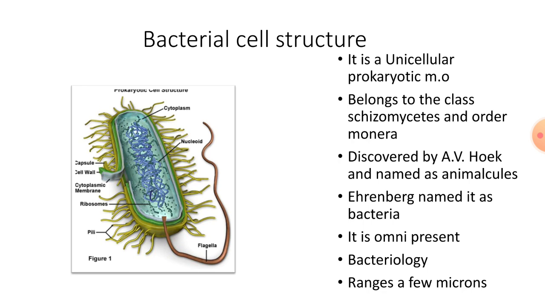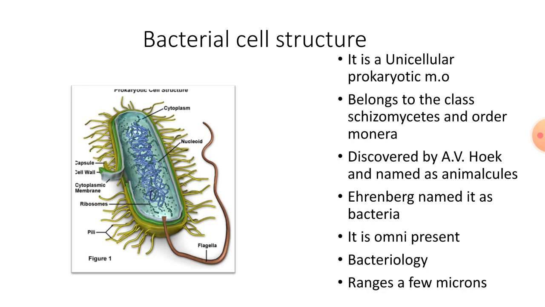Bacteria cells range just a few microns. All the bacterial cells measure 1 to 10 microns in length and 0.2 to 2 microns in diameter. The smallest bacteria we know is Mycoplasma genitalium.